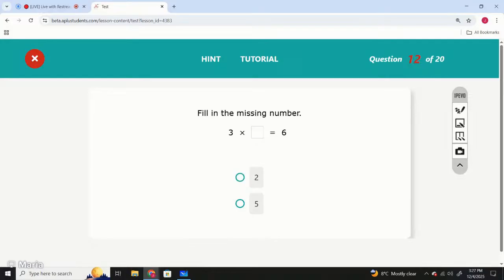Fill in the missing number. 3 times what number is 6? 3 times 2 is 6. Option number 1 is the correct option.